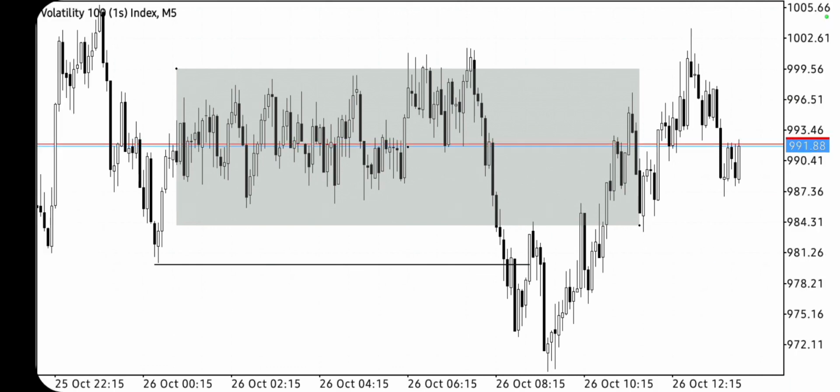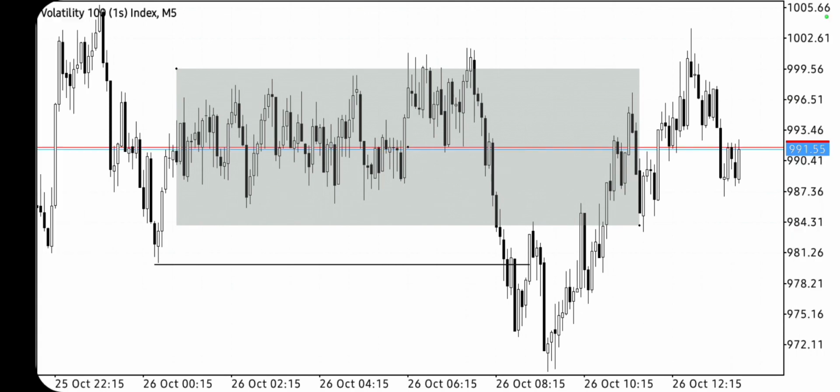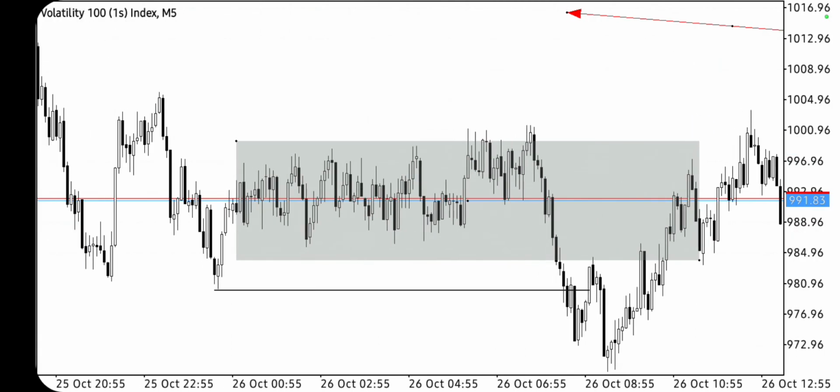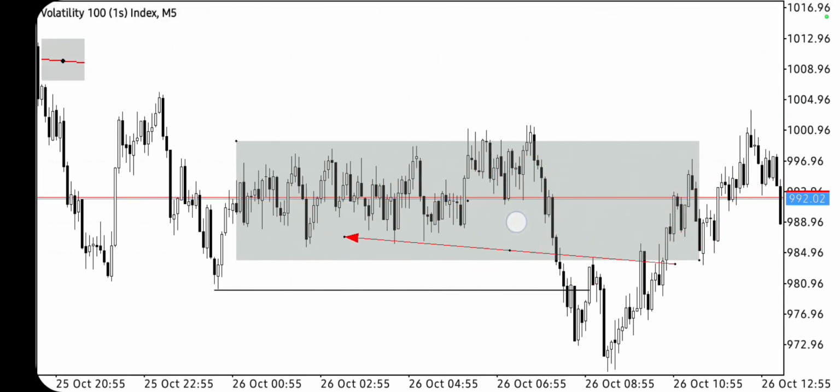and then we can have deceptive confirmation also, because it is actually a strong supply zone. The consolidation happened for a long time before we had the break of structure to the downside. The consolidation happened for a couple of minutes before we had the basic move to the downside.